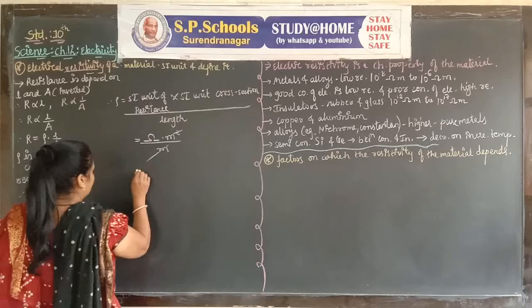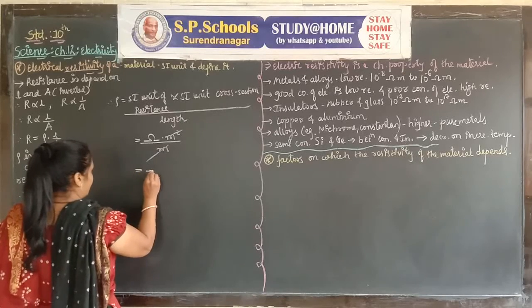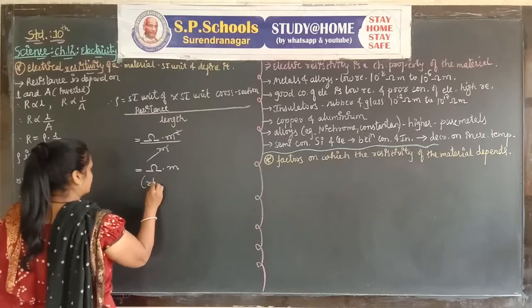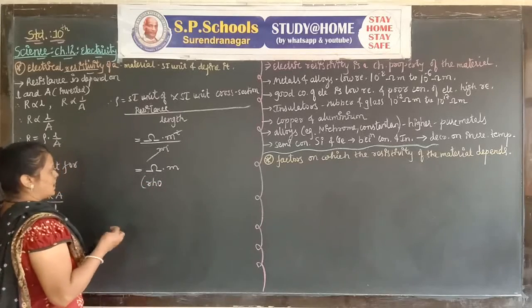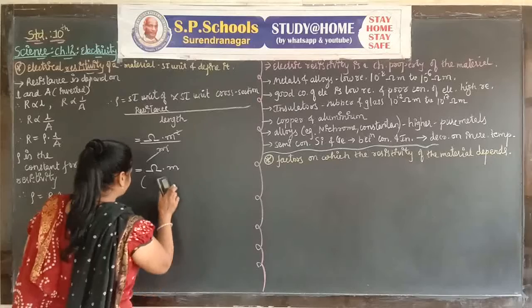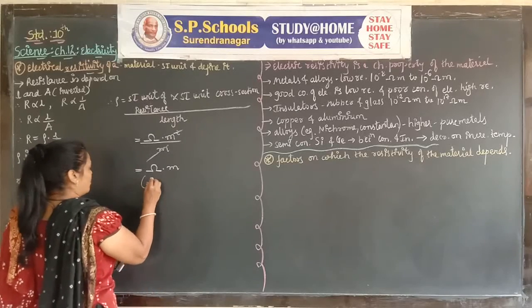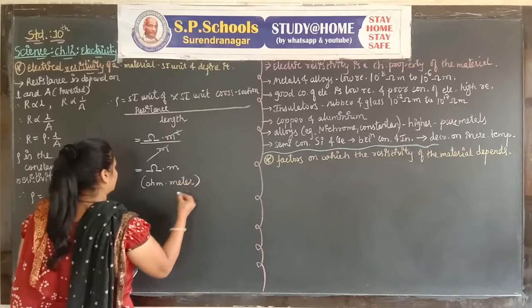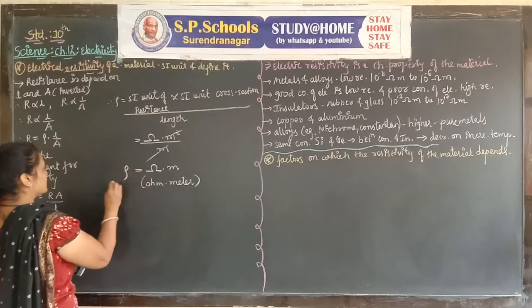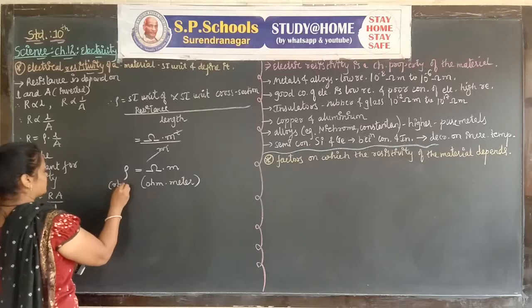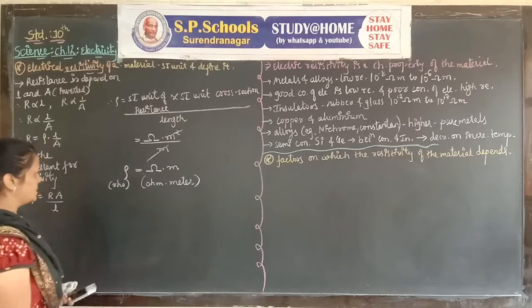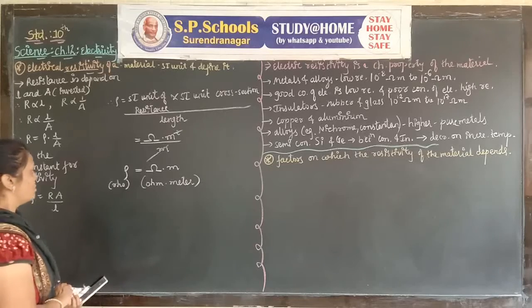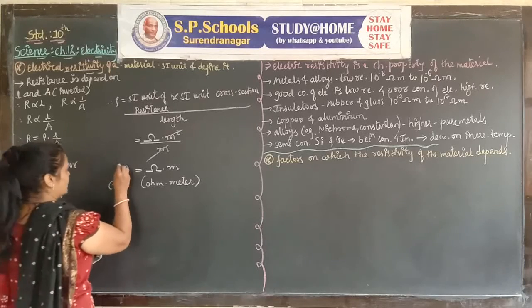So we find rho is ohm into meter. We call it resistivity, rho. So the SI unit of rho is ohm into meter.